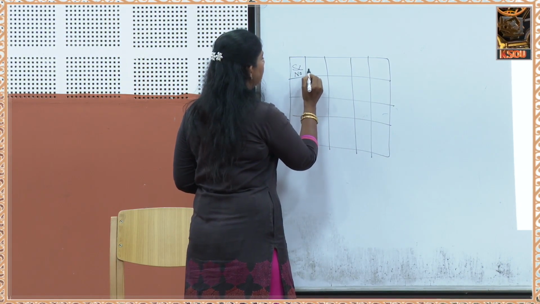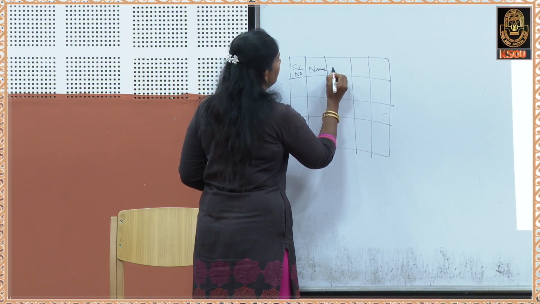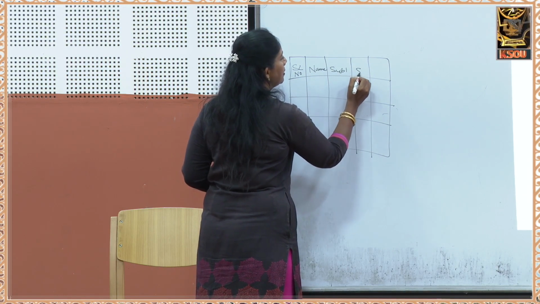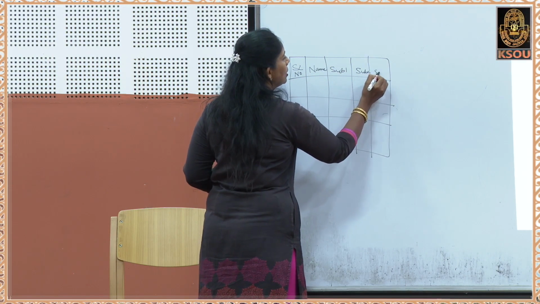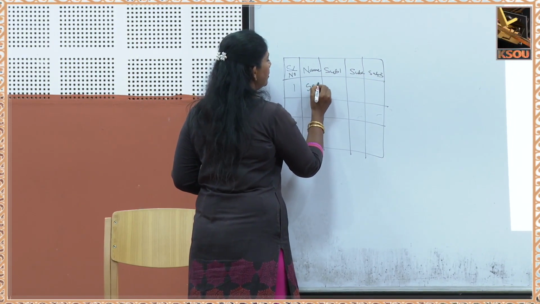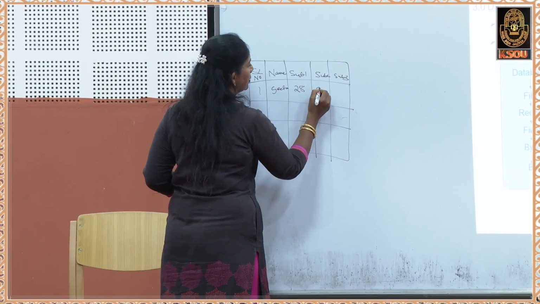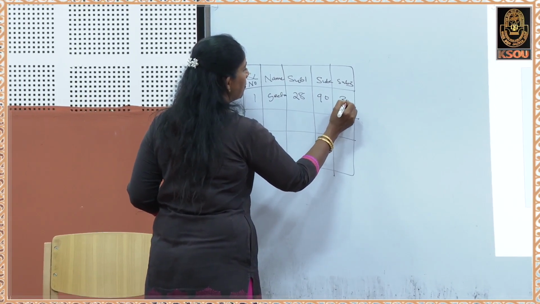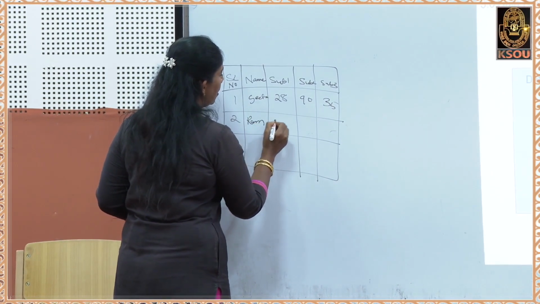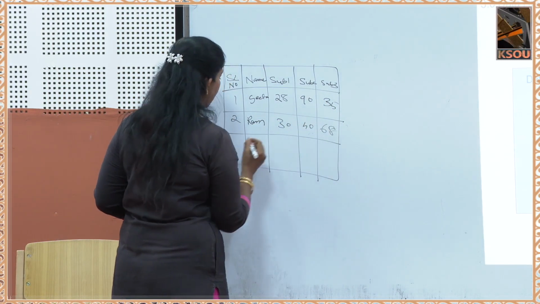Serial number, name, subject 1, subject 2, subject 3, like that. 1, Geeta, 28 marks, 90 marks, 35 marks. 2, Ram, 30, 40, 68.